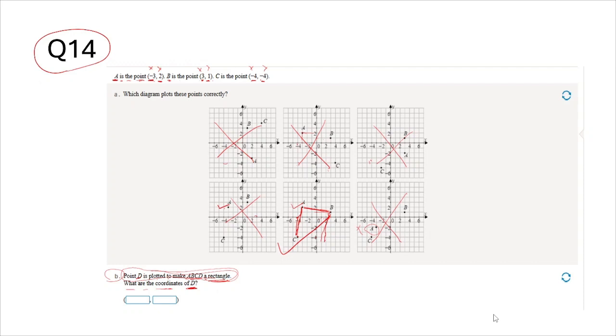This is the right rectangle because I took the same length here and the same width here and here. So this gives me a point here, and this point will be 2 and minus 5. So here, 1, 2, and minus 5. The point here would be 2, minus 5. Okay? Now, question number 15.